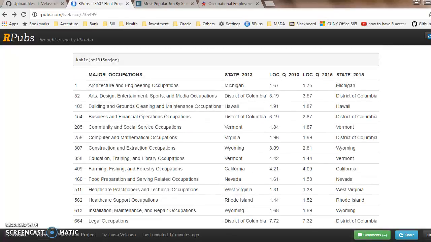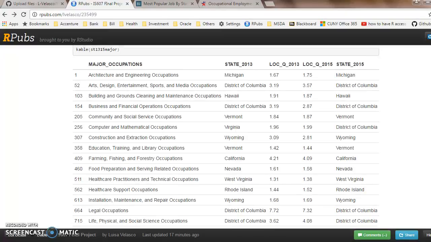It's interesting because the Bureau of Labor Statistics has 22 major occupations, and in this table, like architecture and engineering occupations, in 2013 Michigan has the most concentrated occupation, and in 2015 it's the same state.